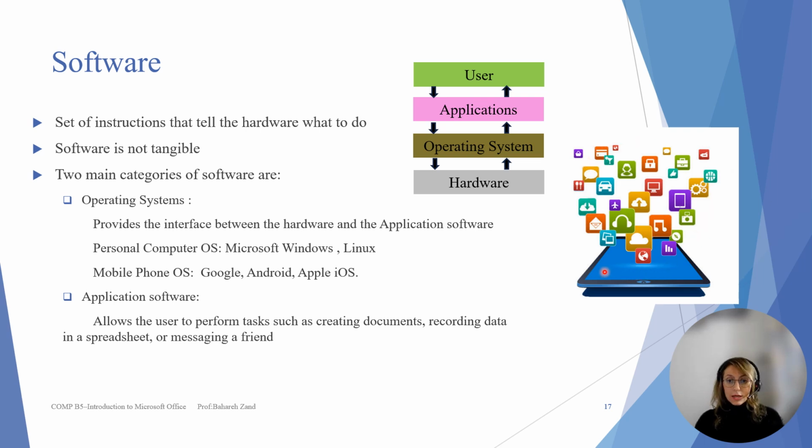If you're using an app to send a message to your friend, such as WhatsApp or Telegram, those are application software, and you have probably heard the term app or application for it. Examples of operating systems on personal computers are Microsoft Windows and Linux, and the operating systems installed on mobile phones, Google Android and Apple iOS, are the famous ones.